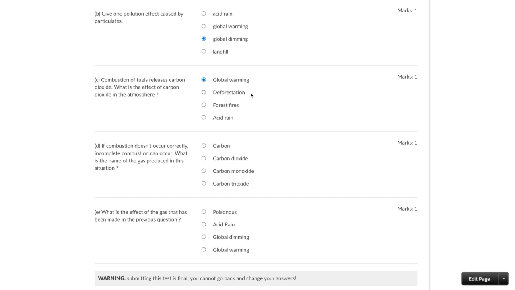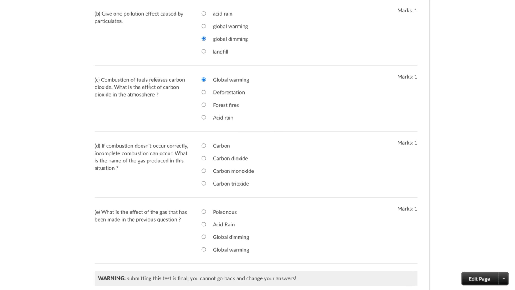Deforestation doesn't help, obviously, because it cuts down on the amount of carbon dioxide that can be locked up. Forest fires obviously are helping to do that, and acid rain, as we know, is due to sulfur dioxide in the previous question. So global warming is the effect of carbon dioxide. Carbon dioxide is a greenhouse gas, remember, and that causes global warming.